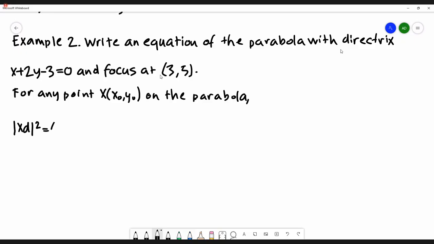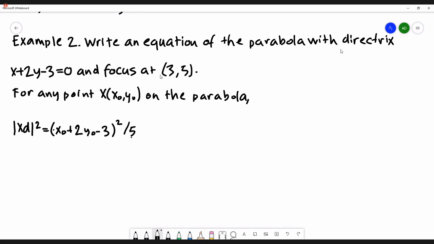The distance squared to the directrix is (x0 plus 2y0 minus 3) squared divided by 5. 5 is the sum of squares of the coefficients of the variables: x0 has coefficient 1, y0 has coefficient 2, and the sum of squares is equal to 5.